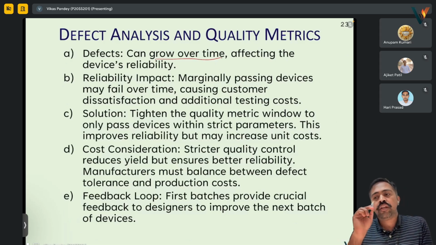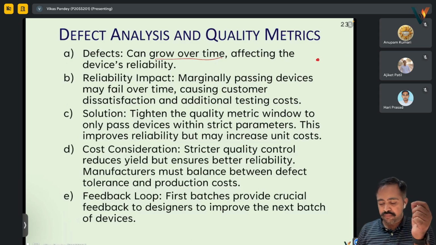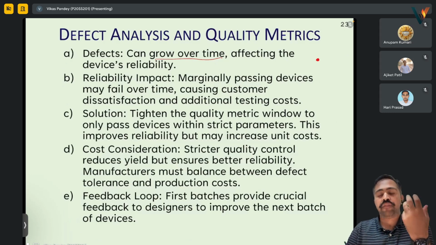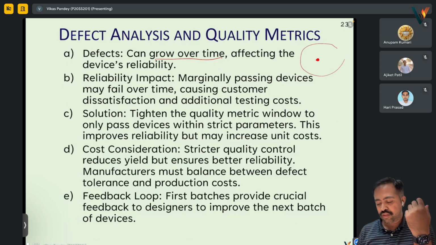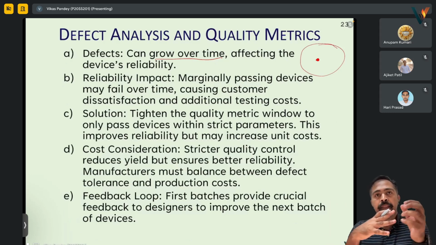So if, say, we ignored it, okay, fine, that's very small. But over a period of time, say there was a trap or a simple metal ion left on the wafer, and over a period of time it started accumulating other things.